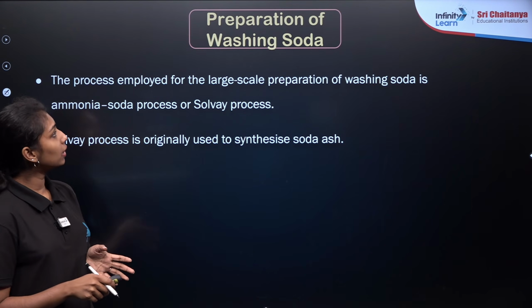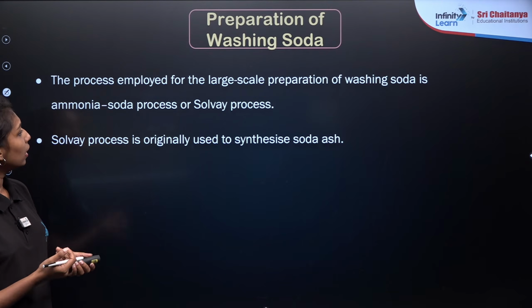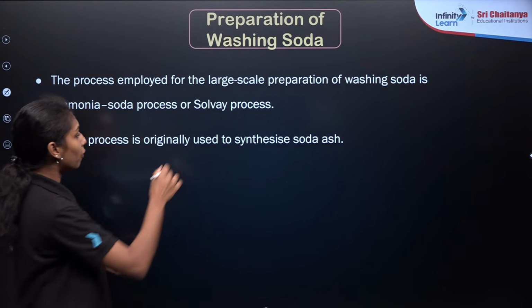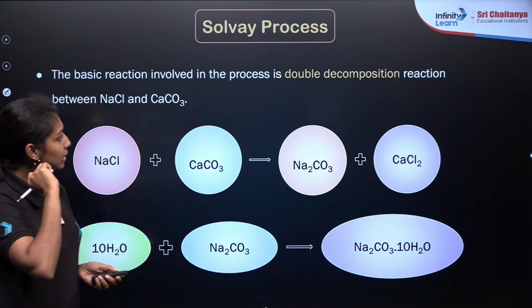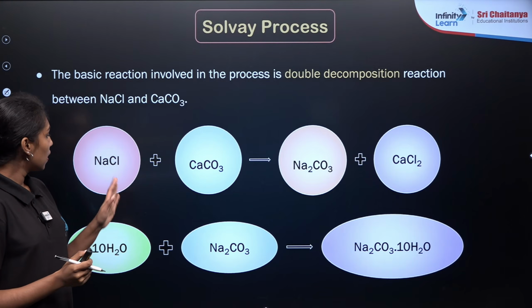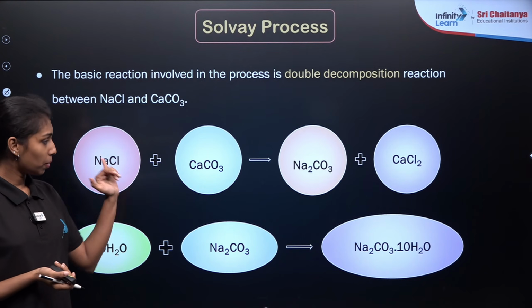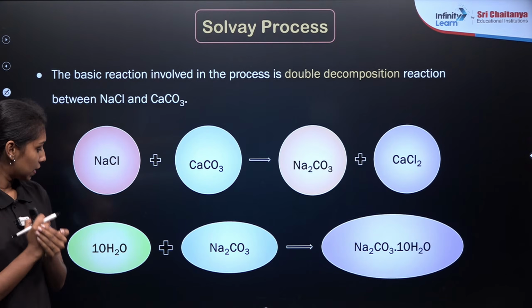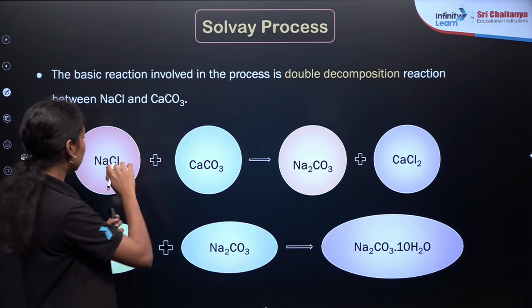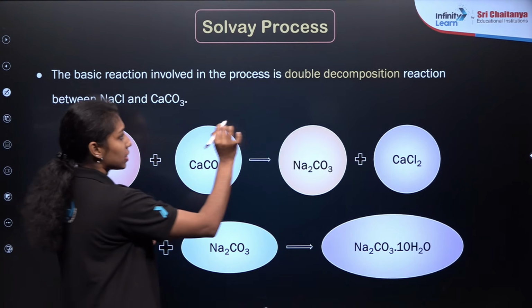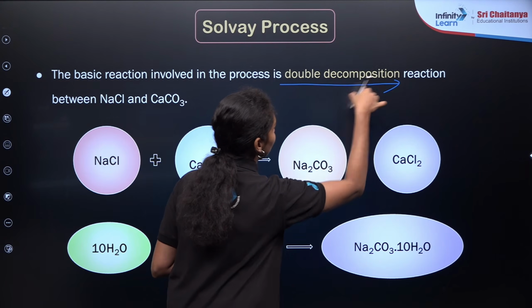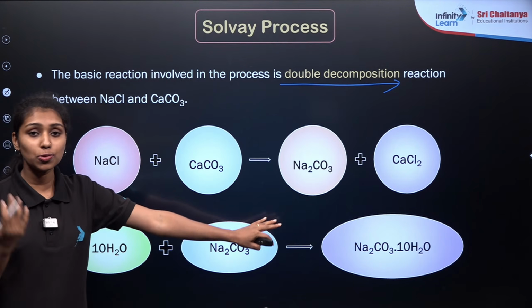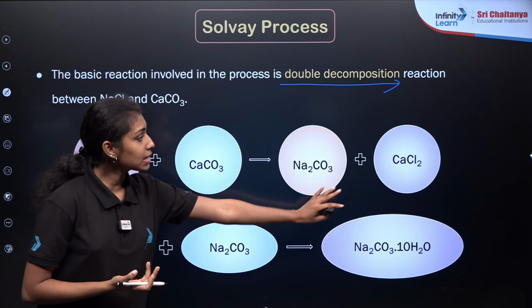Now how can we prepare washing soda? It is prepared by a process known as the Solvay process. Let us see the reaction in the Solvay process. Sodium chloride is treated with calcium carbonate. It undergoes a double displacement, or double decomposition, reaction, forming Na2CO3, sodium carbonate, plus calcium chloride.